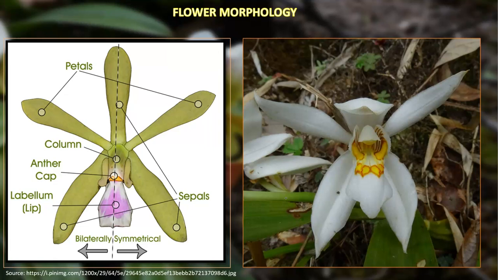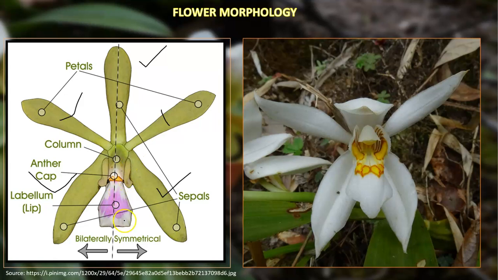To learn about the family Orchidaceae, first we have to know the flower morphology. Here you can see the bilateral symmetry. Because it belongs to monocotyledons, it has a trimerous condition: 3 sepals and 3 petals.